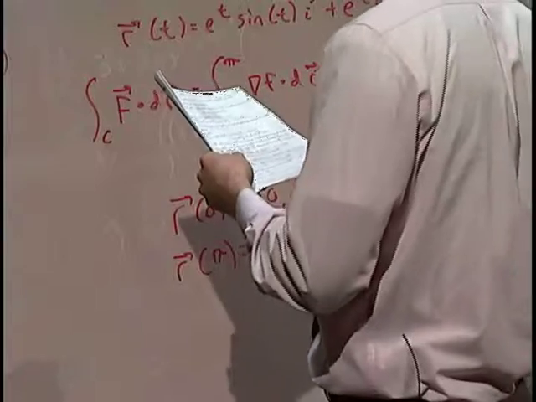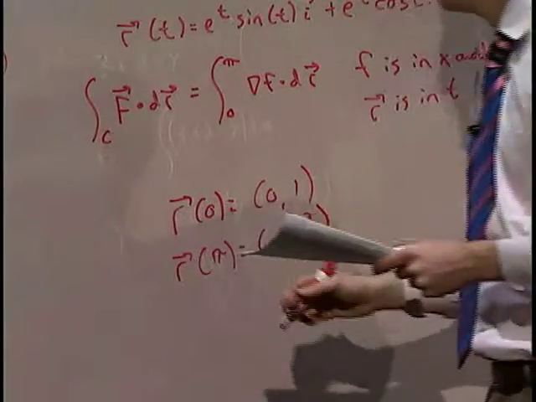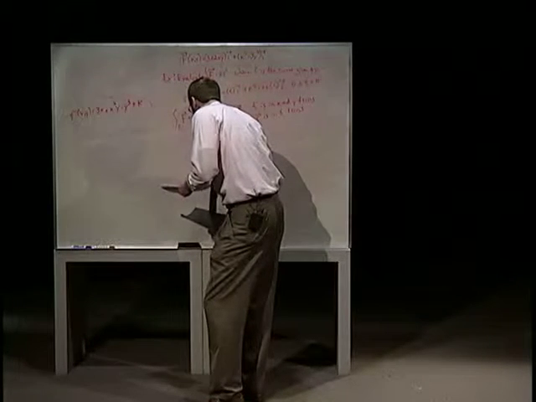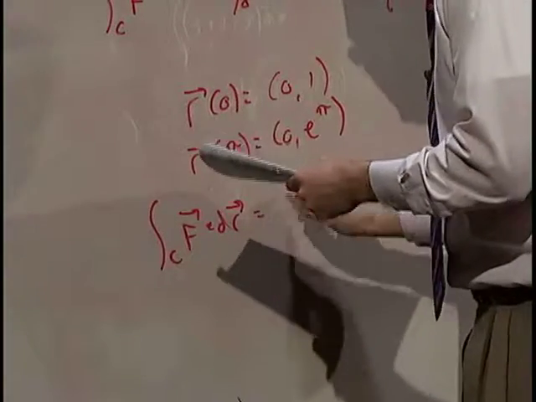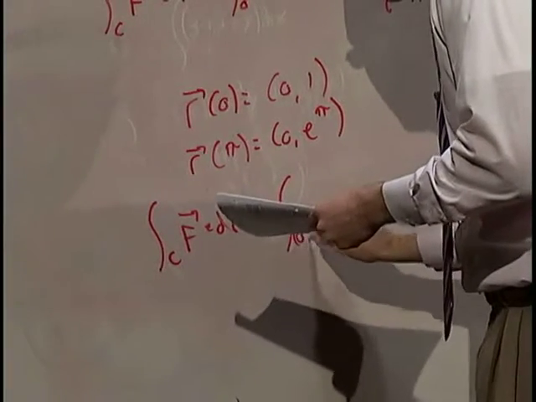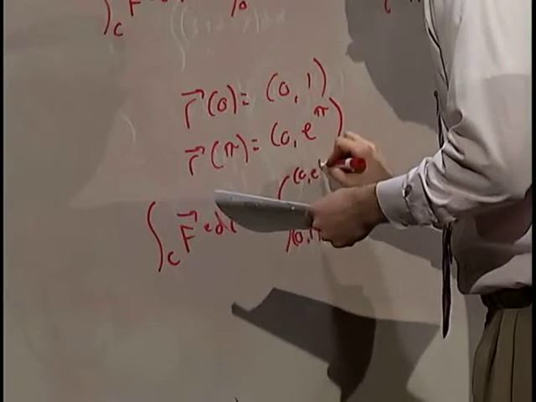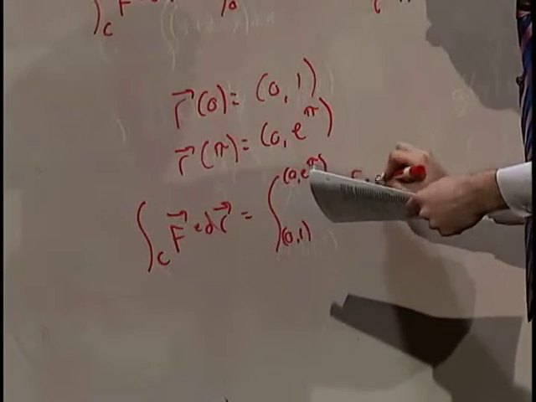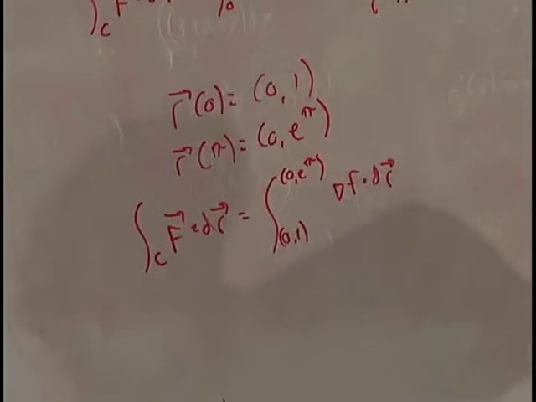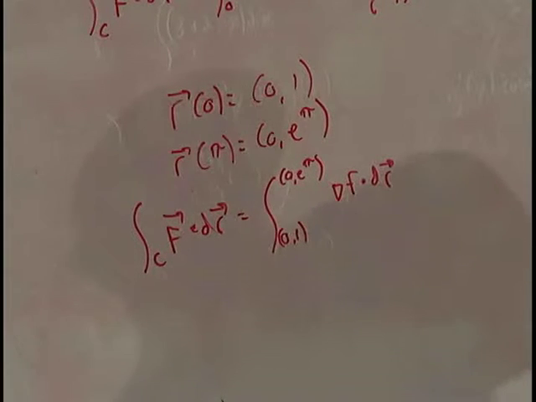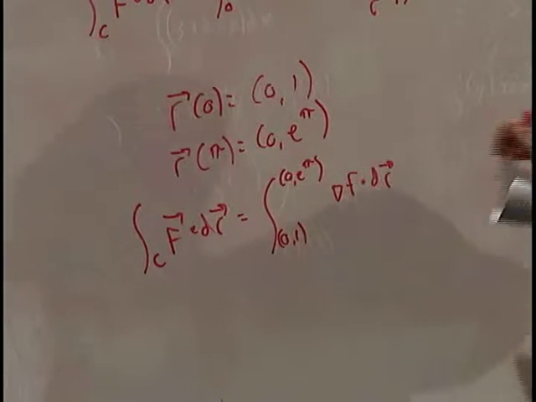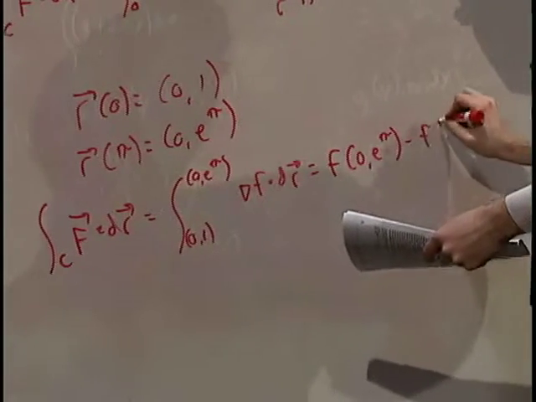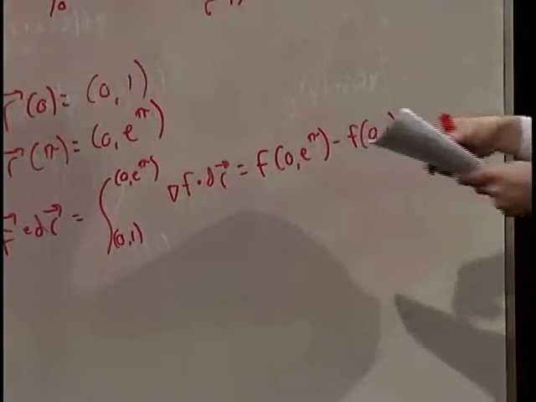So where are we here? Also, it's worth noting too, well, let me show you first what the integral looks like. So the integral of grad f dot dr, right? Let's see. So now our points are (0, 1) to (0, e to the pi). And so now this becomes f of (0, e to the pi) minus f of (0, 1).